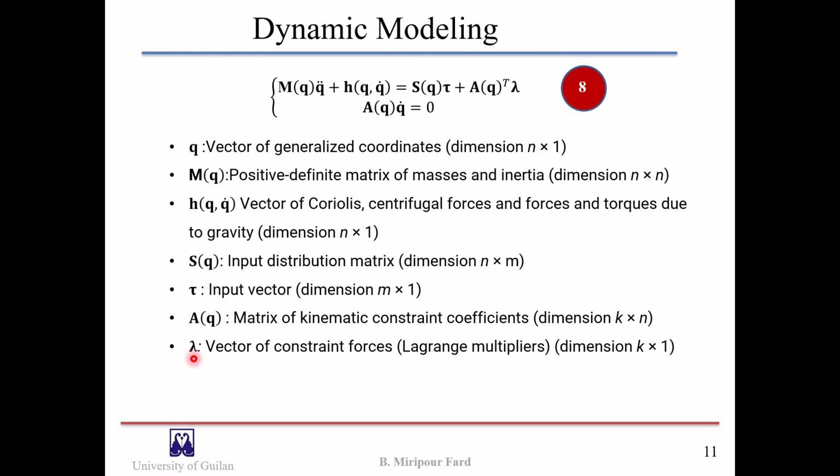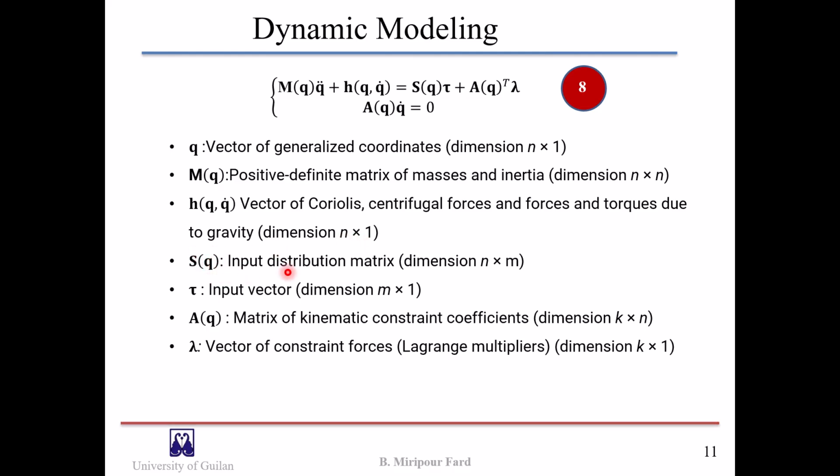Okay, let's once again fully introduce the components of equation 8. In equation 8, q is a vector of generalized coordinates, and its dimension is n by 1. M of q is a positive definite matrix of masses and inertia. The dimension is n by n. H is a vector of Coriolis and centrifugal forces, and also forces and torques due to gravity, and its dimension is n by 1.